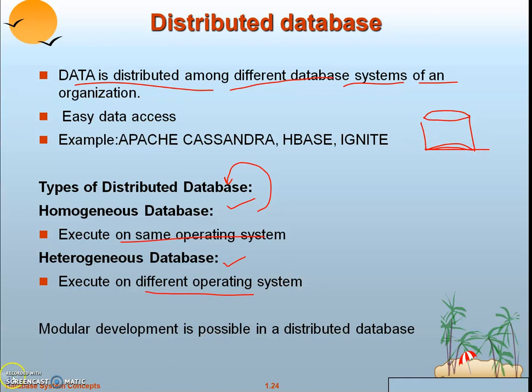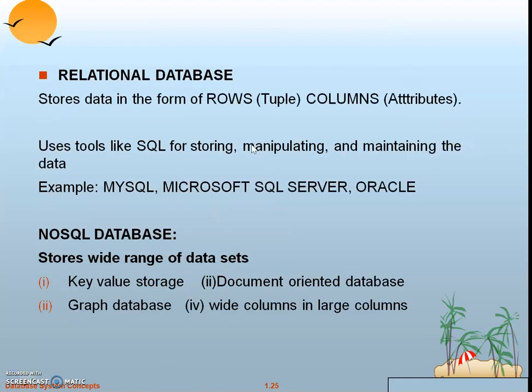Next one is relational database. Relational database is nothing but maintaining your data in the form of tables, and the most common method of storing data nowadays is in the form of tables.